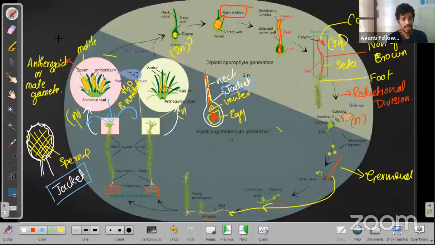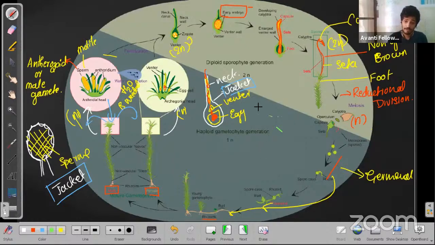Can anyone explain, while you are watching this, which one is highly important, the sporophyte or the gametophyte? Gametophyte, right? Correct, Pawan, I will explain.